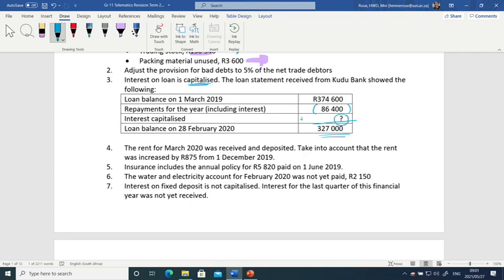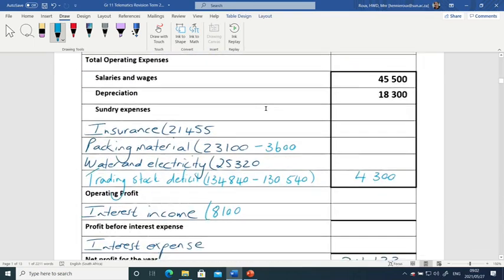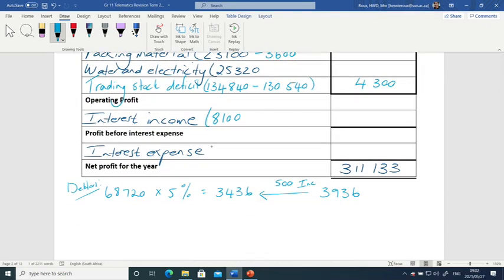327 plus 86,400 minus 374,600. When we work from the bottom upwards, we change the signs. We reverse the sign. 327 plus 86 minus 374. And that will give you the interest to be capitalized. So let's do that calculation. And that is the interest on the loan. So that will be interest expense.